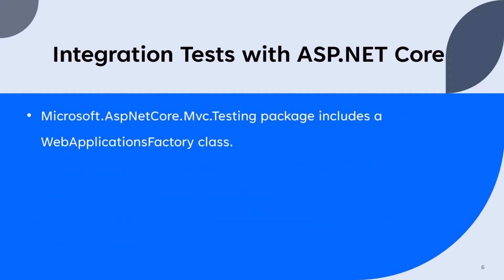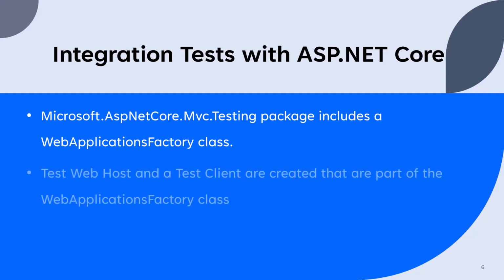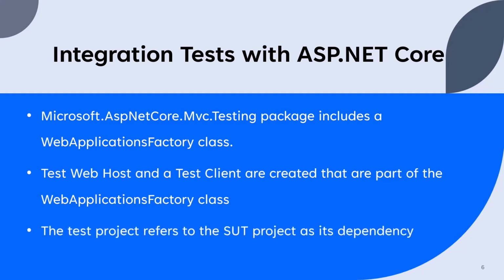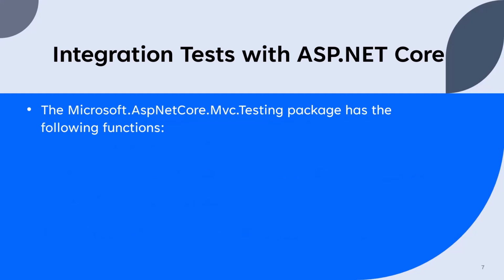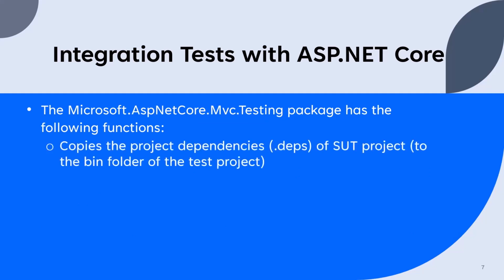Now this package includes a web application factory class, and a test web host and a test client are created that are part of the web application factory class. The test project refers to the SUT project as its dependency. The Microsoft.AspNetCore.Mvc.Testing package has some functions.